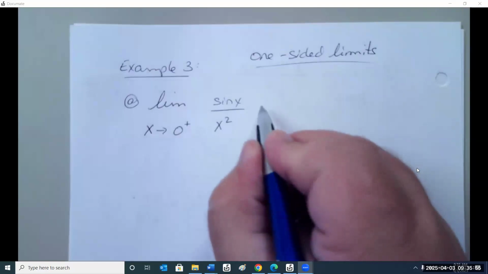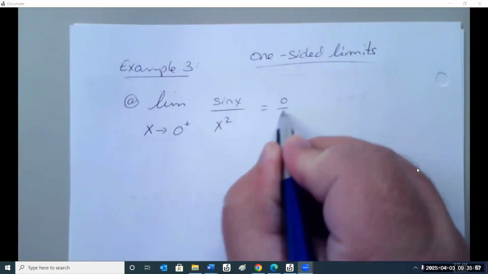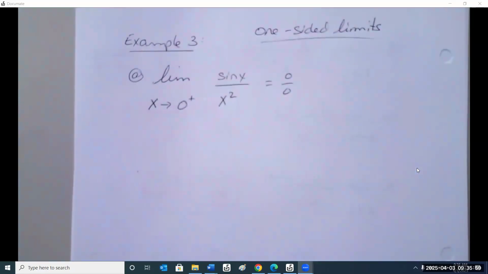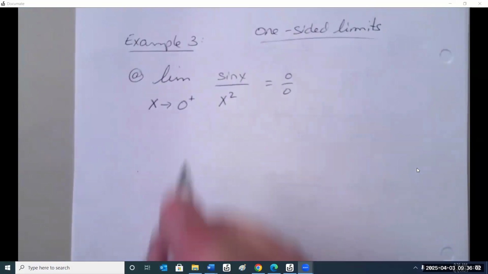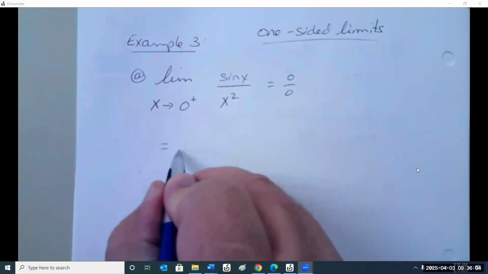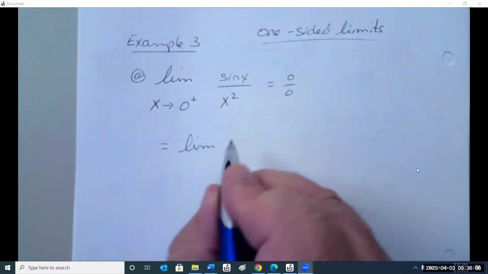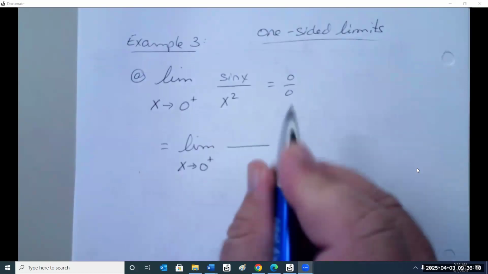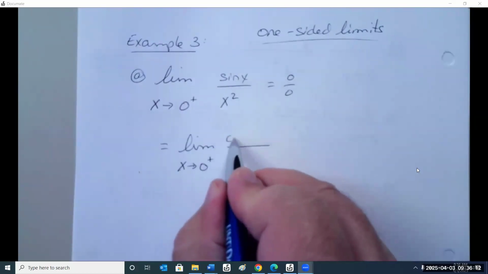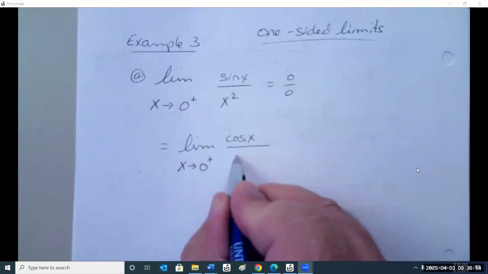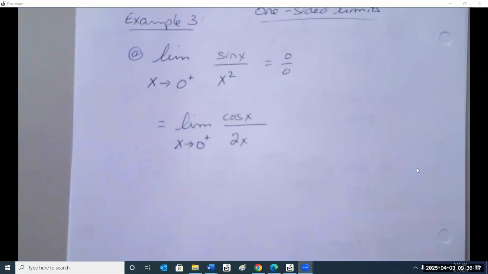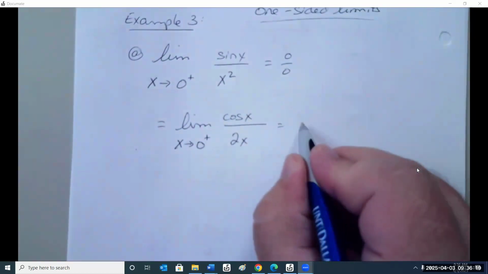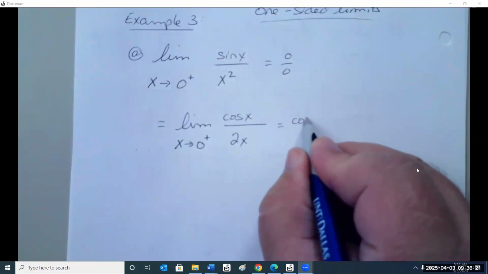So if I plug in 0, I get what? I get 0 over 0. So I take the derivative, limit as x approaches 0 from the right. The derivative of sine is cosine over 2x. So plug in 0.